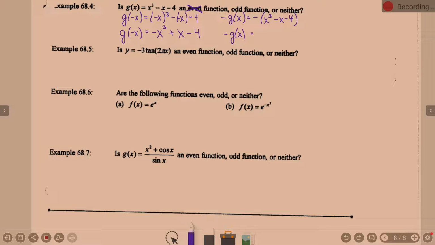When I distribute that negative to all my terms, I end up with negative x to the third plus x plus 4. So it's not odd either, because g of negative x and negative g of x are not the same. And so what do we have here? This is a neither example.